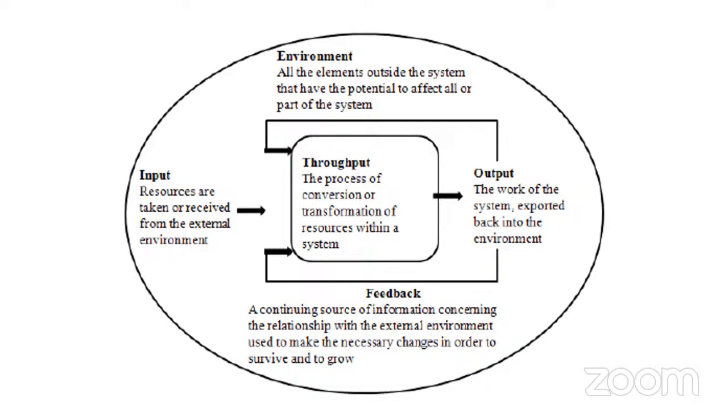Look at the vertical axis, environment. So what is environment? All the elements outside the system that can still affect the system are known as environment. So take for example, an organization like Infosys. All the factors that can have an impact on Infosys, right?